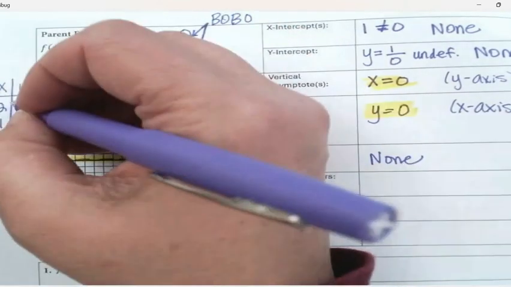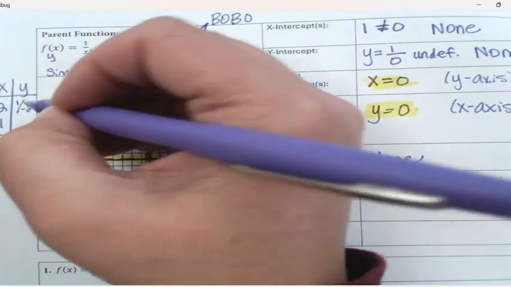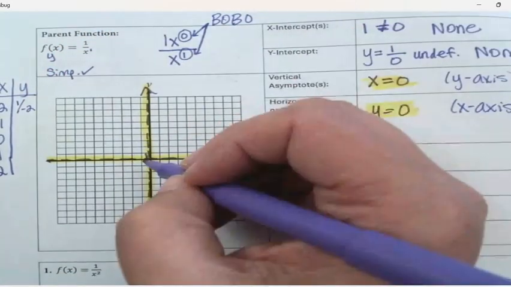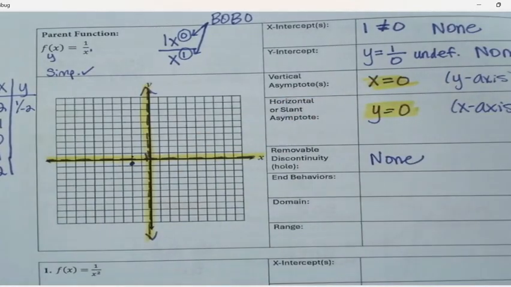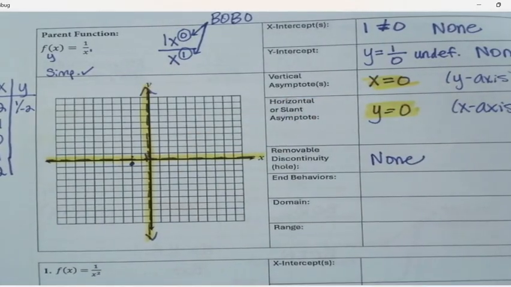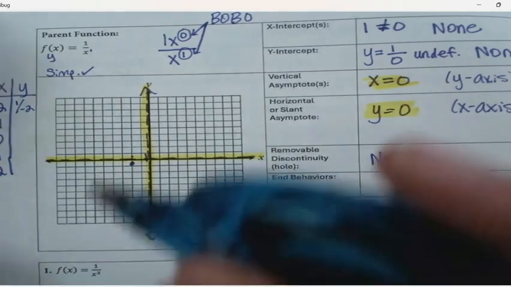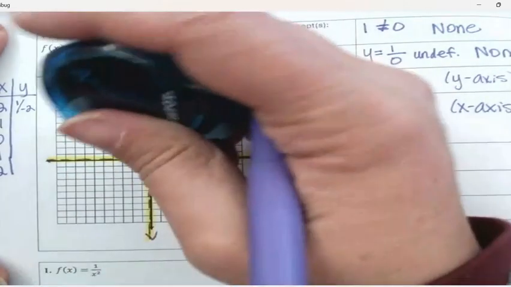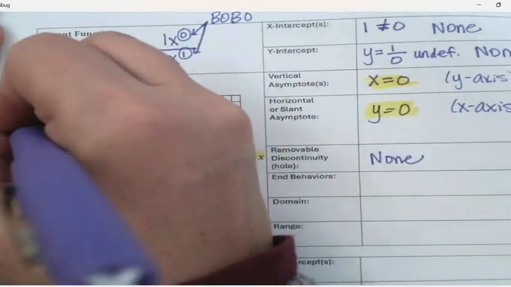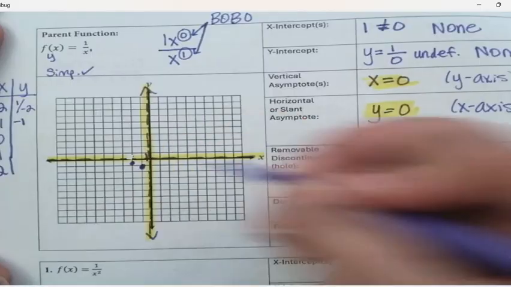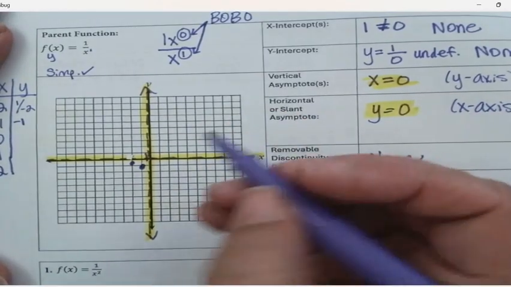So let's plug in -2 for x. If I plug in -2 for x right here, I get 1 over -2, which is -0.5. So -2 and -0.5. I'm down here. All right, let's plug in -1. 1 over -1 is just -1.